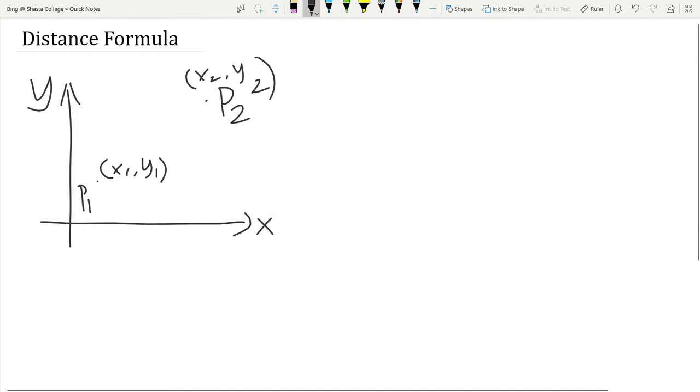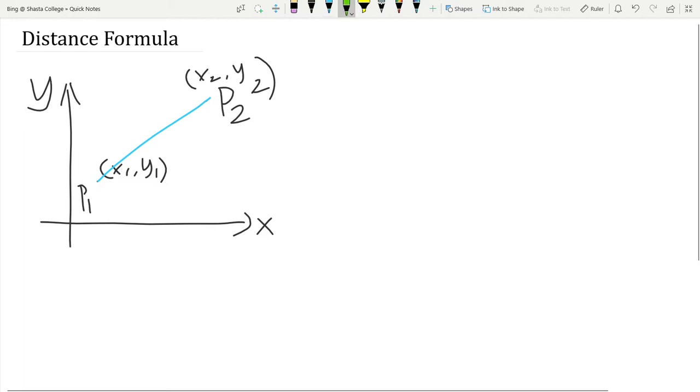Well, the distance formula tells us the distance between P1 and P2. So basically, how long the segment P1, P2 is. Well, let's use some knowledge we know to find the distance between P1 and P2.